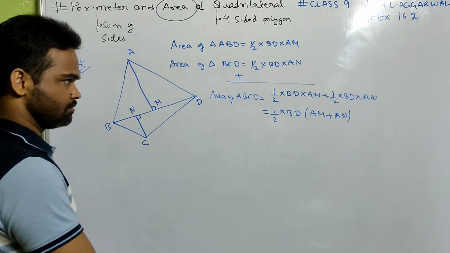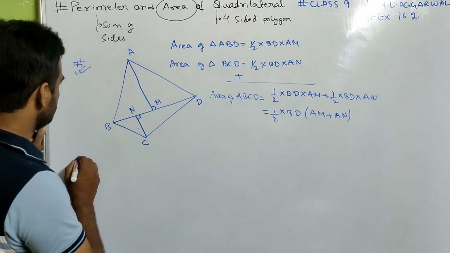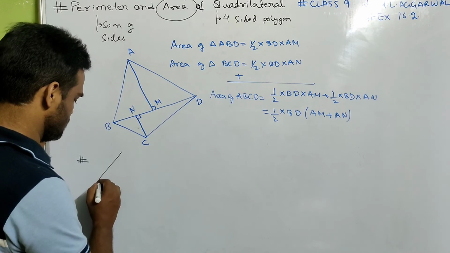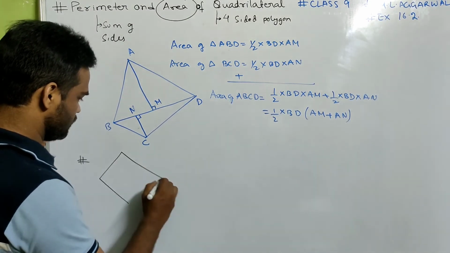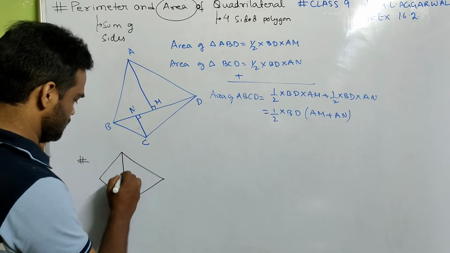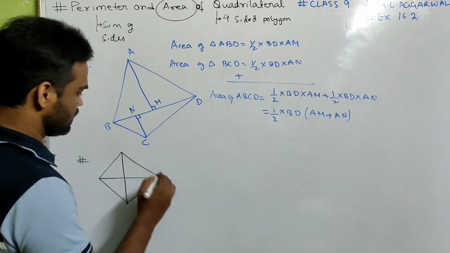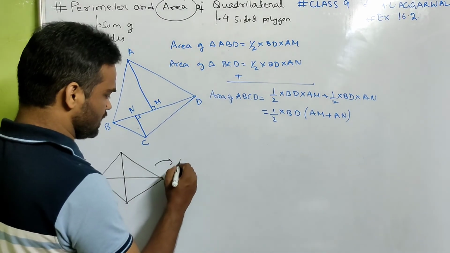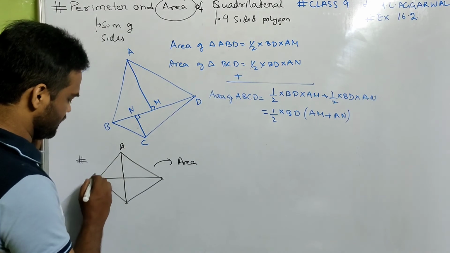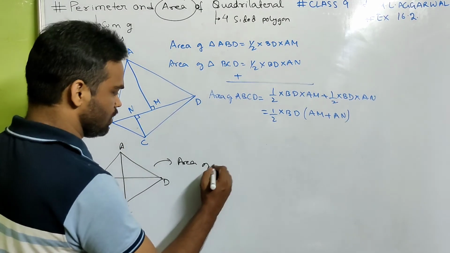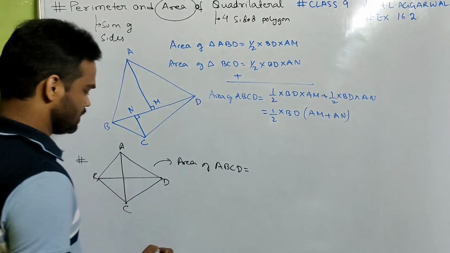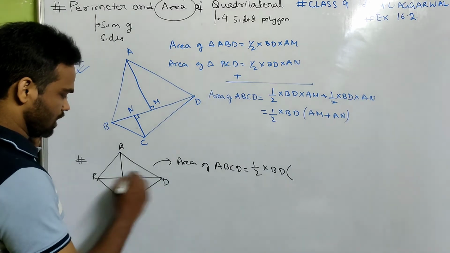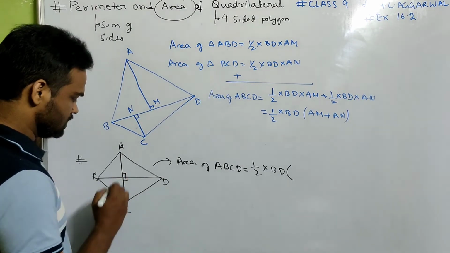Now suppose the diagonals are perpendicular to each other. Suppose I take a case like this, and the two diagonals are perpendicular to each other. Then using this concept, can I write area of ABCD is equal to half into BD, into AM plus MC, where these are perpendiculars, isn't it?